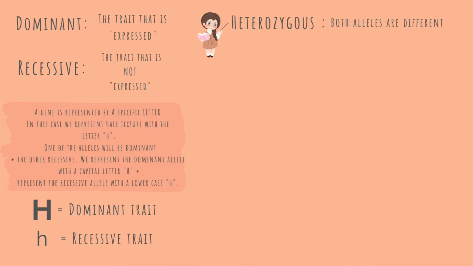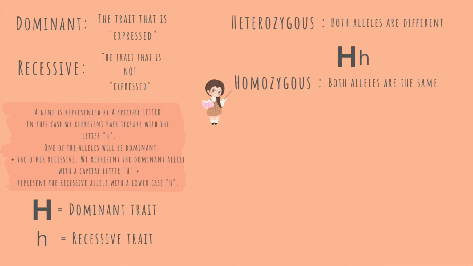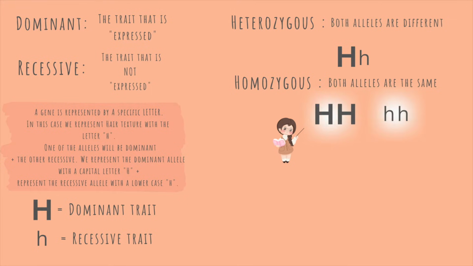When we say the alleles are heterozygous, we already know that means the alleles are different. This is what it looks like, a capital letter and a lowercase letter together. And when we see homozygous, we know this means both alleles are the same. This is what homozygous looks like. Either we have two uppercase letters together, or we'll have two lowercase letters together.